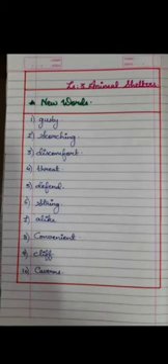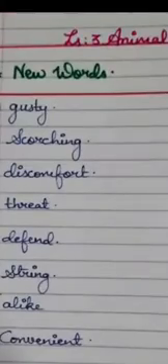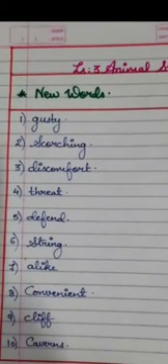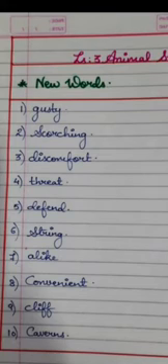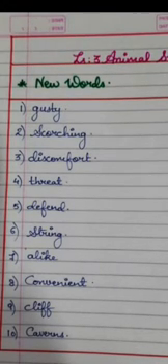When wind comes with great force, that is gusty. What is the spelling? G-U-S-T-Y, gusty. Okay. Once again, G-U-S-T-Y, gusty. Gusty means sudden strong winds.